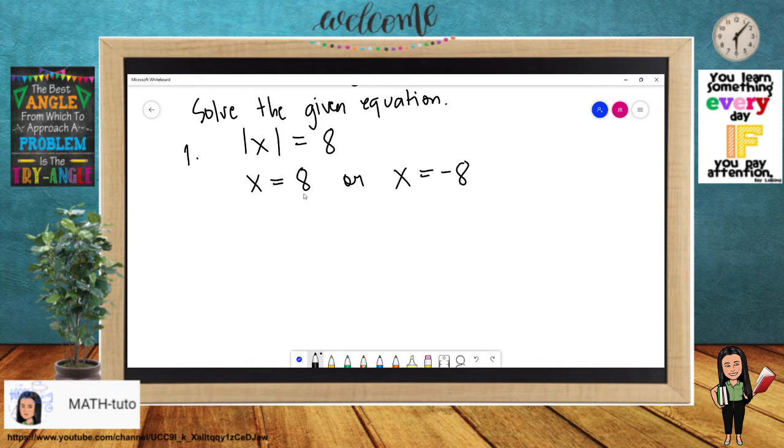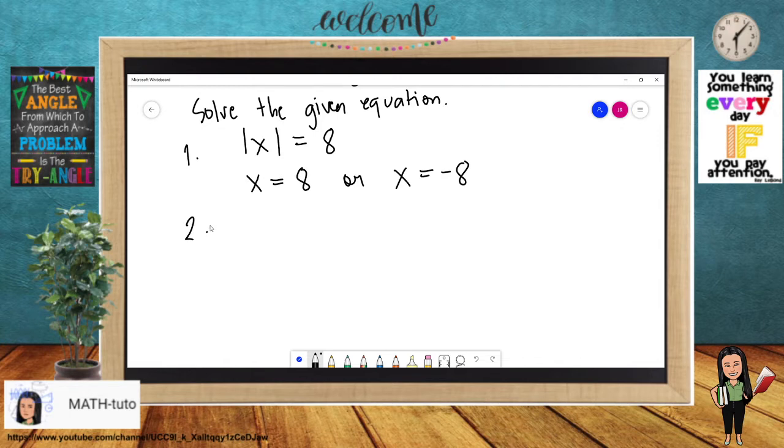Okay? That is using the relation. So, let us check: if x is equal to 8, then the absolute value is positive 8 because absolute value is always positive, right? If it is negative 8, then the absolute value is also equal to 8. These are the possible values of x.